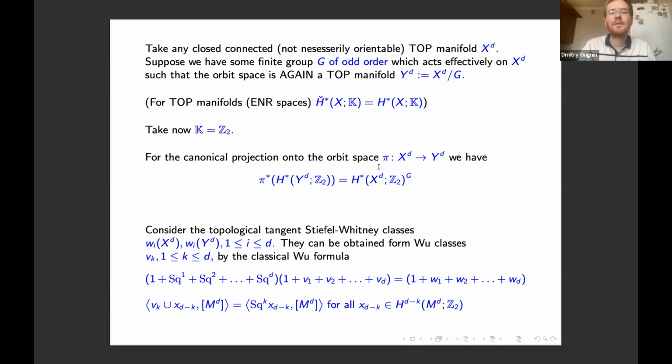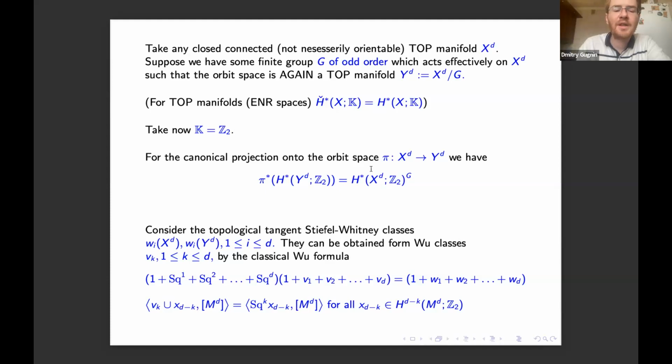If you have a topological manifold, it can have some smoothings sometimes. For any smoothing, you may consider a tangent bundle and its Stiefel-Whitney classes and Wu classes. But as we know, the Stiefel-Whitney classes are homotopy invariant. So for any smoothing and for the identity map, they are mapped onto each other.